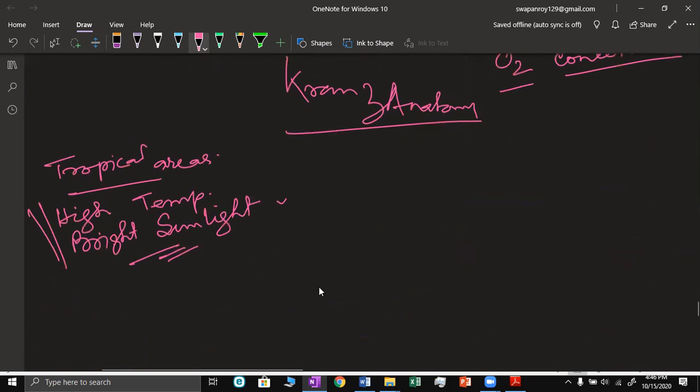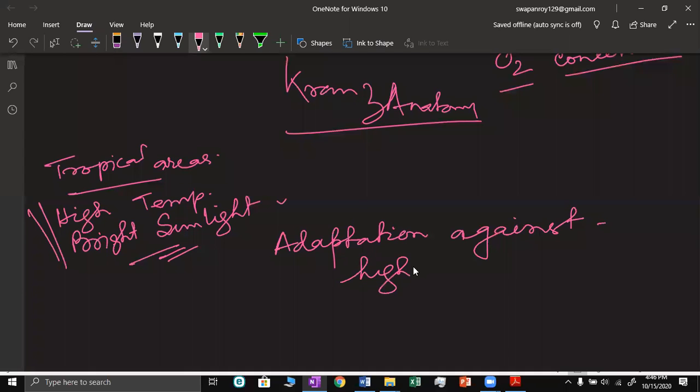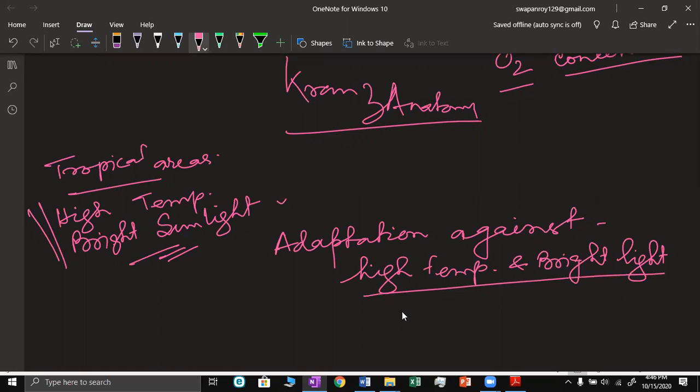This is actually an adaptation against high temperature and bright light. Okay, and the oxygen concentration.